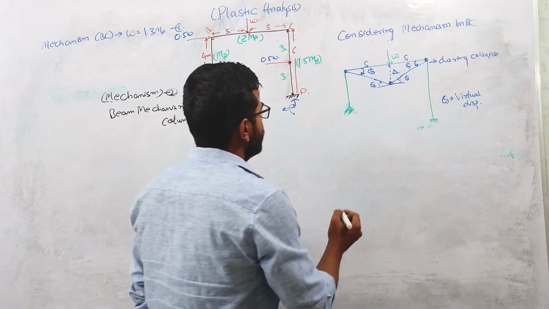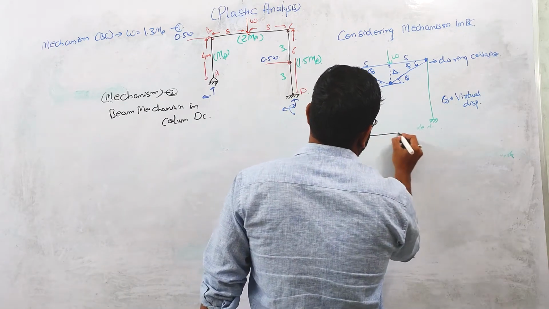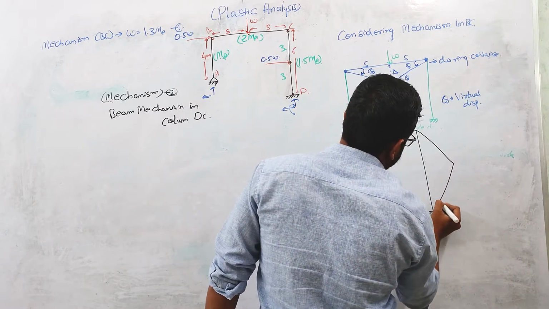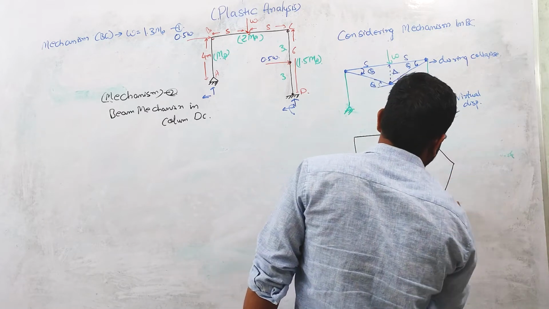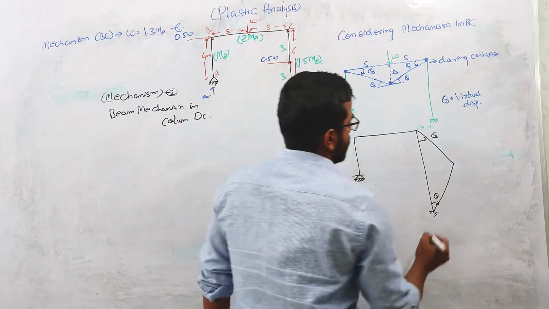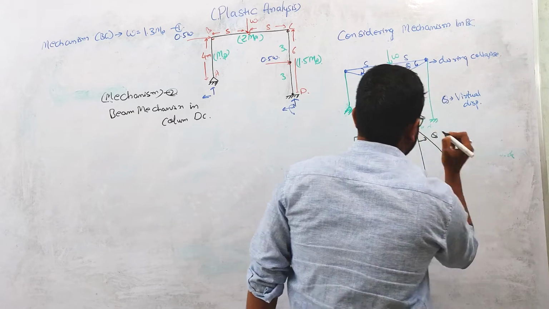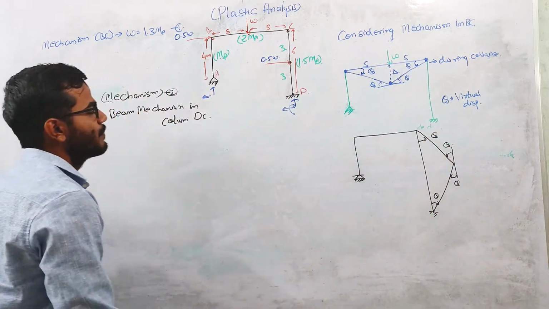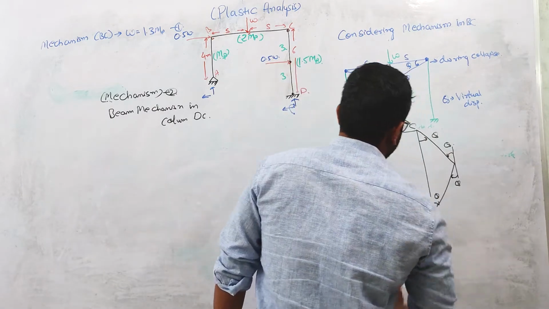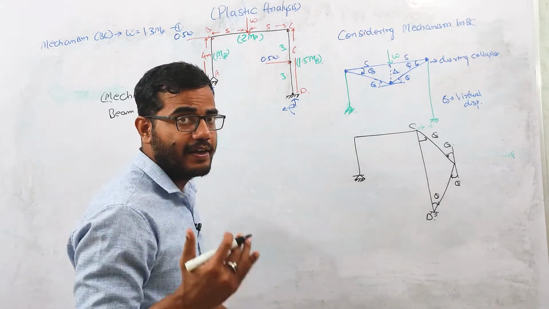So if we see in this diagram, the beam mechanism in the column will look like this. This is theta, this is theta, this is theta, and this is theta. So this is CD. Again, if you apply the principle of virtual work, external work done is equal to internal work done.